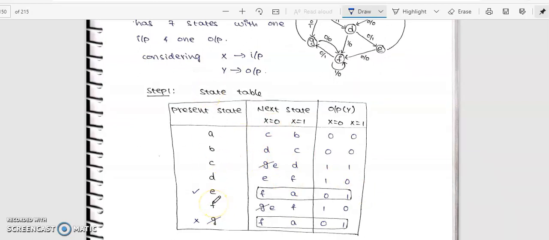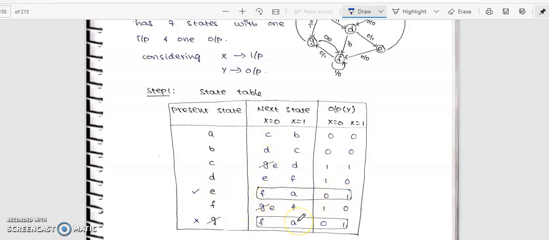After making that, you have to find whether there is any chance of reducing the states. If you observe the state table, E and G have the same next states and the same output.